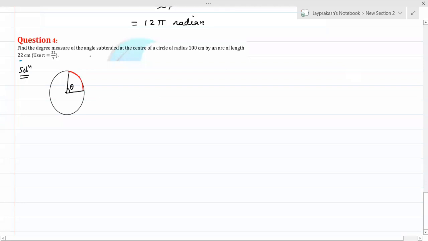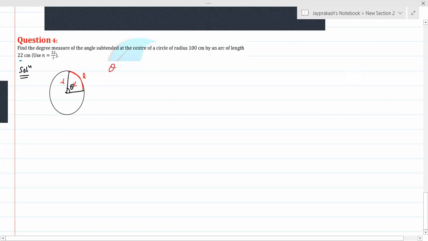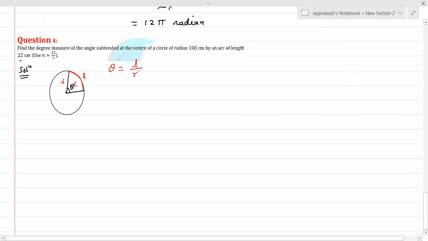So we have already written that if L is the length of the arc and theta is the angle subtended at the center, then there is a relation that the angle subtended at the center is equal to L by R, length of arc upon radius of circle. This is the relation.